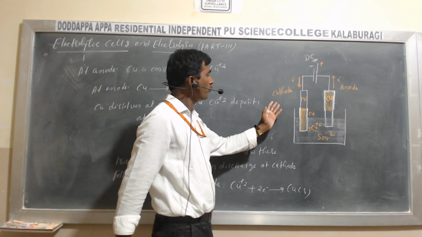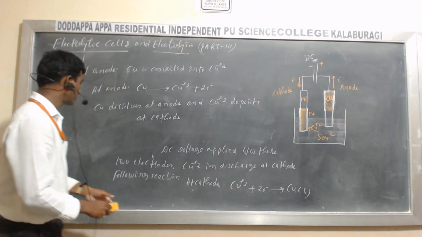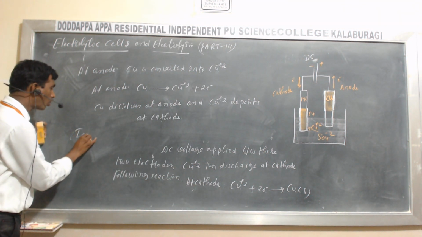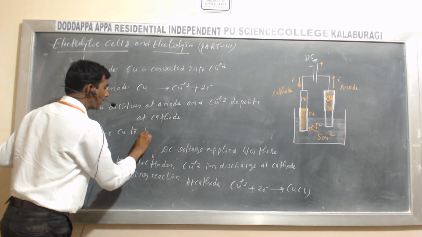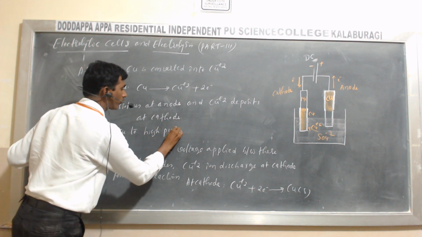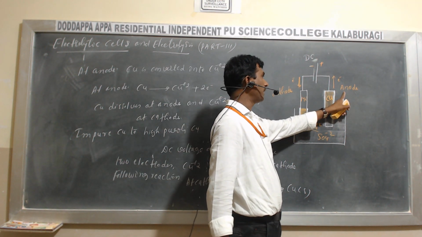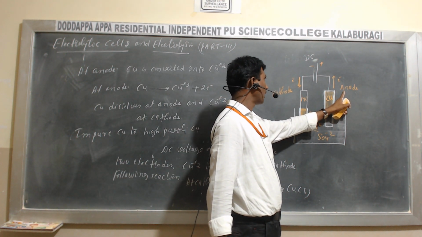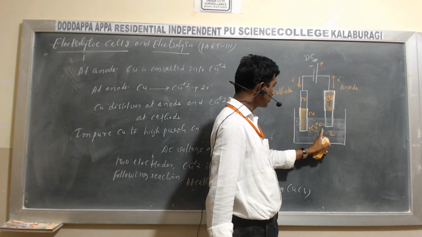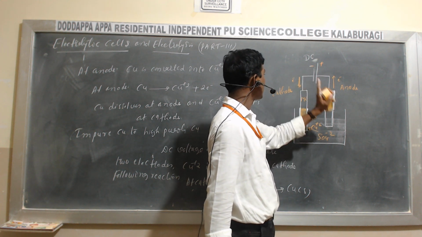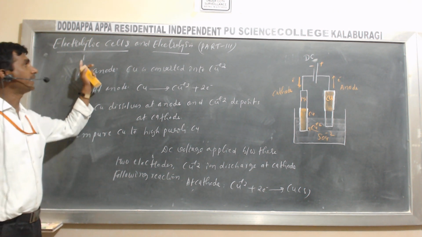For example, in the purification of copper, high purity copper is obtained. Here impure copper is made the anode; this impure copper dissolves at the anode and deposits at the cathode as high purity copper. So this is an example of an electrolytic cell.